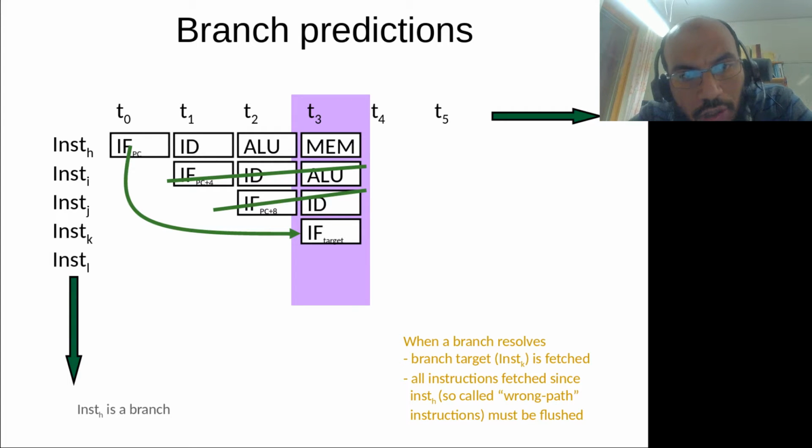On this stage, you realize that, oh crap, I actually evaluated to false. And in that case, you need to do what is called a pipeline flush, which basically means to remove all this work and start fetching from here.